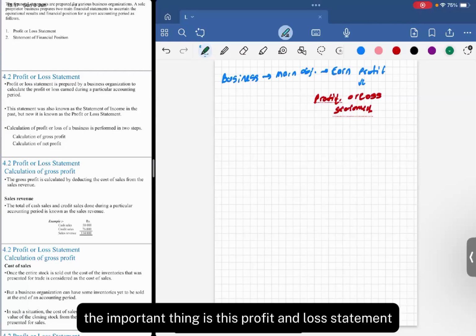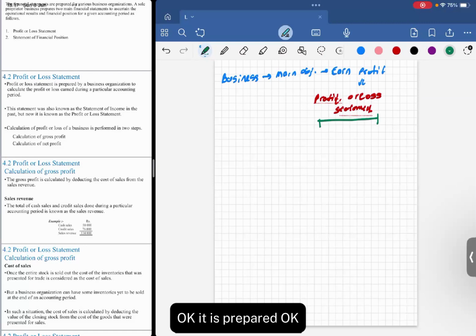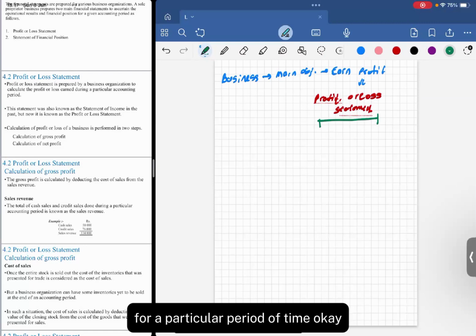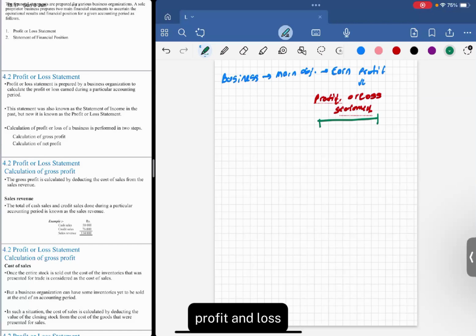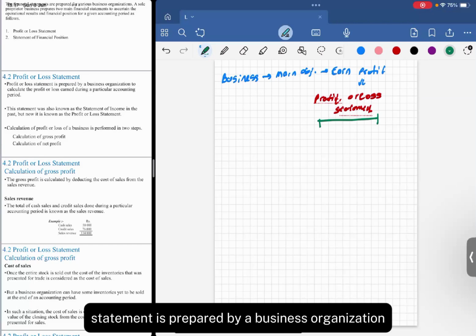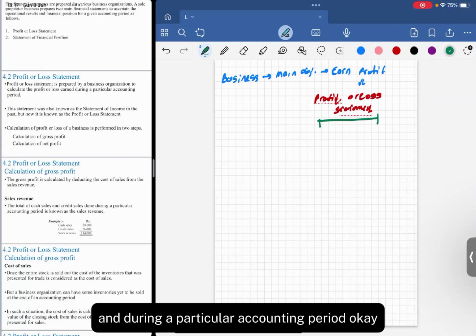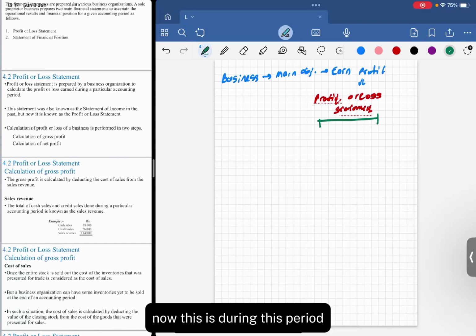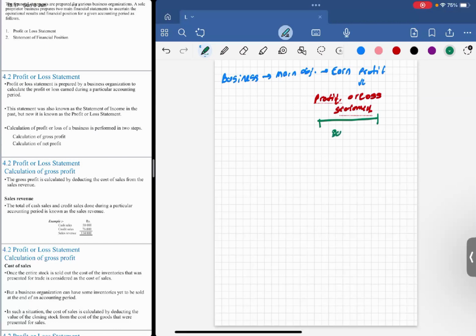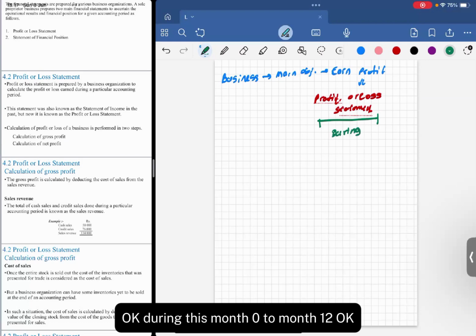Now the important thing is this profit or loss statement is prepared for a particular period of time. It is told that profit or loss statement is prepared by a business organization to calculate the profit or loss earned during a particular accounting period, during this period, month 0 to month 12.